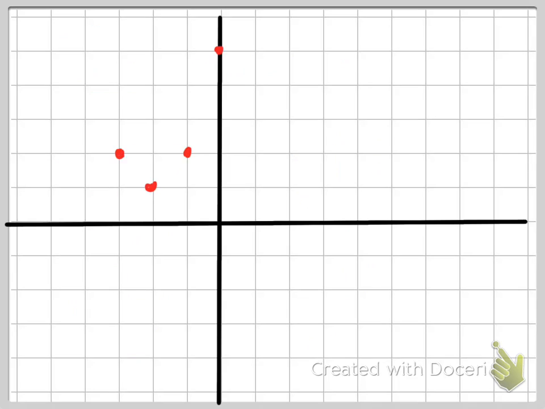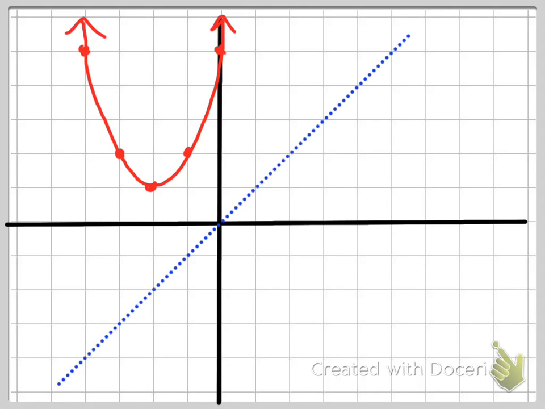The last instance we're going to take a look at is if we have a graph. So this is a parabola, and what I'm going to be doing with this parabola is reflecting it over the line y equals x. Now, whether or not you like reflecting it over that line, one of the easiest ways is just to think back to the last part when we were looking at a table.